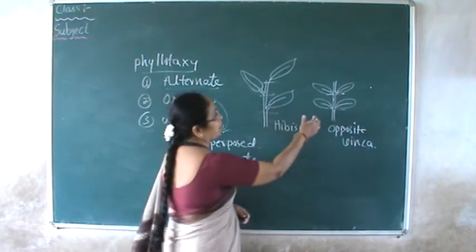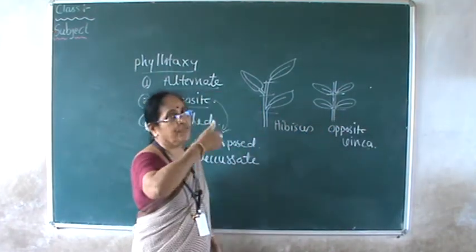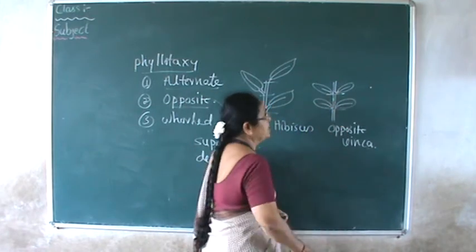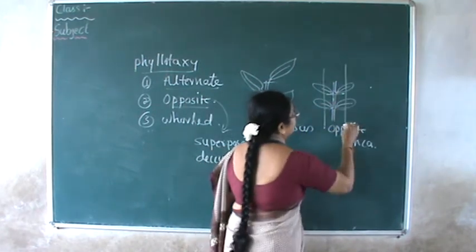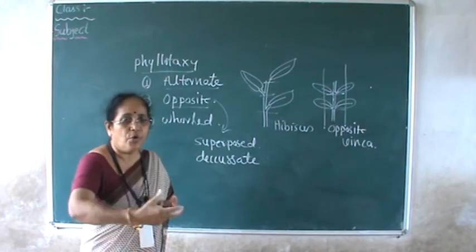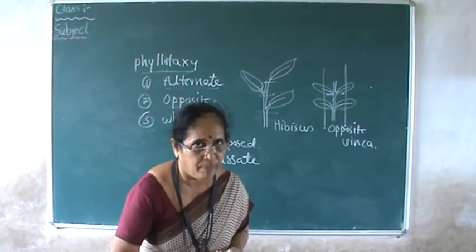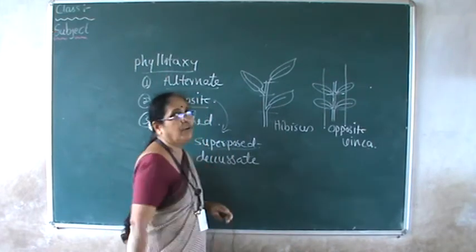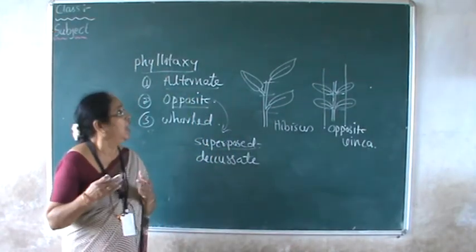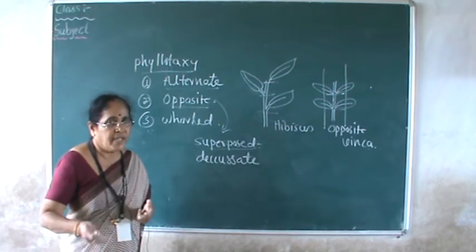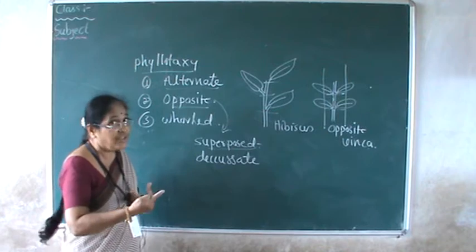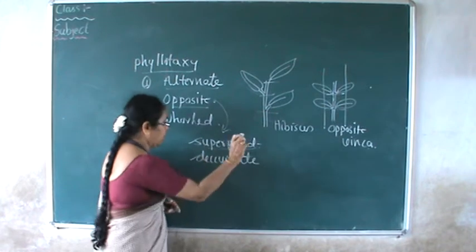This is opposite superposed phyllotaxy because the pairs of leaves present on the left and right sides of the stem are parallel to each other, so that we find two rows of leaves on the stem if it is flattened, and that is called superposed phyllotaxy. If you write alternate, no problem, there is only one type. If it is opposite, then you have to check whether it belongs to this type or this.